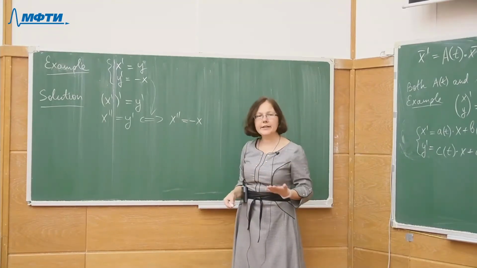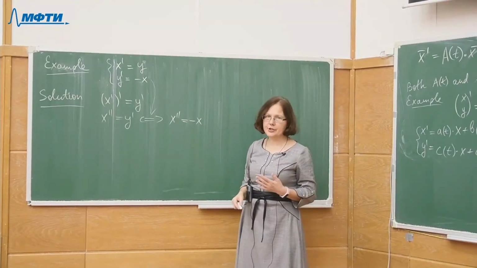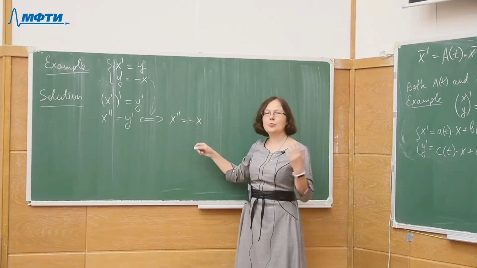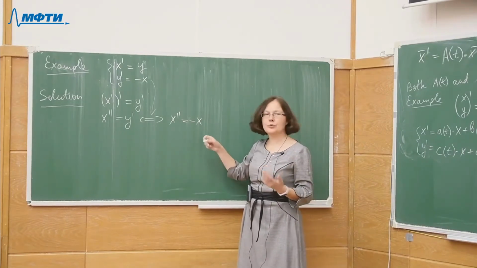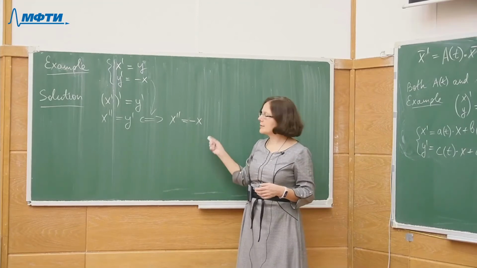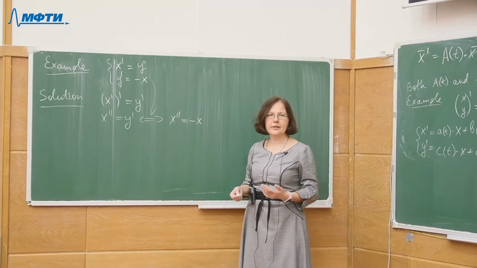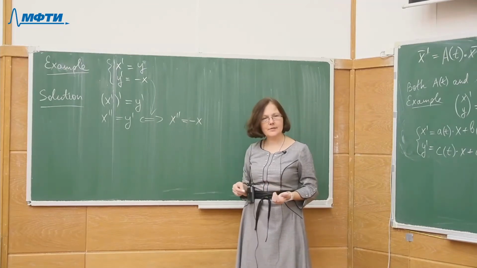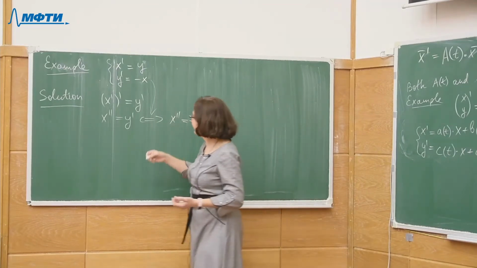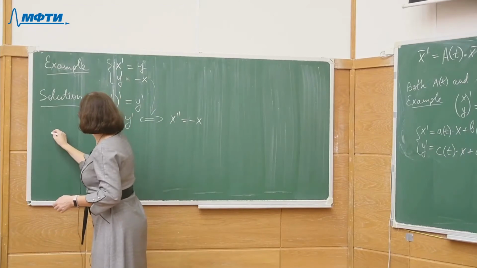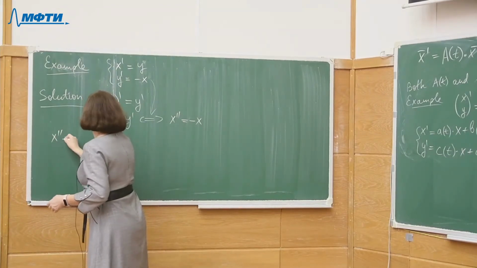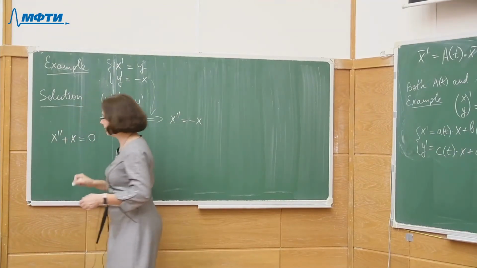It is a linear equation with constant coefficients, and it contains only one variable, and we know how to solve it because this was the topic of the preceding semester, right? So we know how to solve these equations. X double prime plus x equals 0.